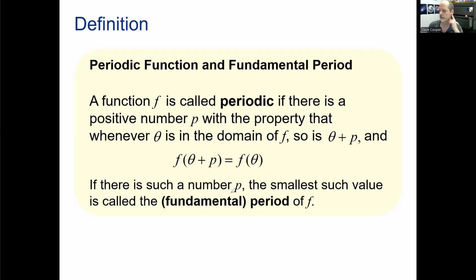In our case, the function is the sine and the cosine. So if there is such a number, then the smallest value is the fundamental period. That's just saying the first wrap. So if I go up by theta and then I do this, then that is going to be the fundamental period, the smallest value. We can keep wrapping as much as we want.